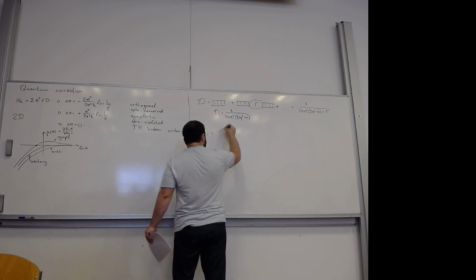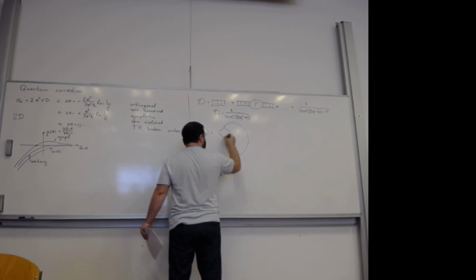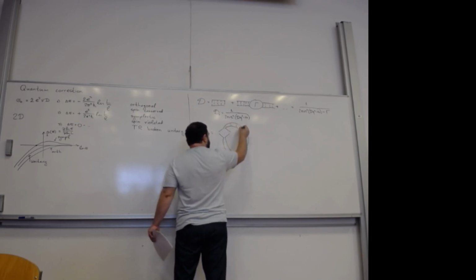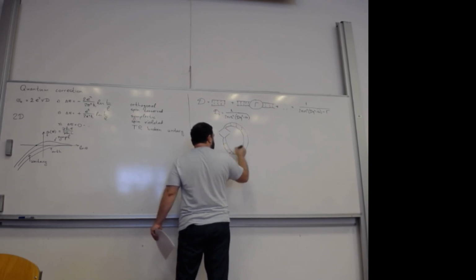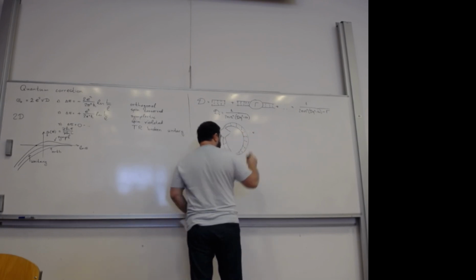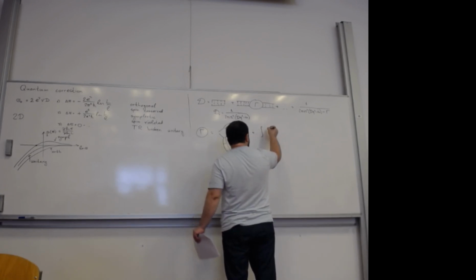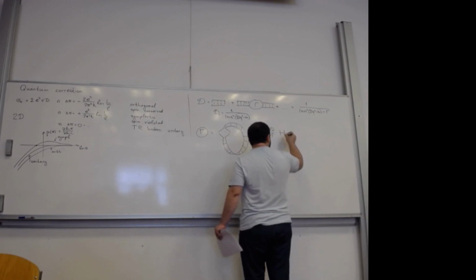It's a box with a Cooperon loop going on. This is the Cooperon ladder. And this thing equals an integral over two-dimensional momentum capital Q over (2 pi) squared of a product of two things.